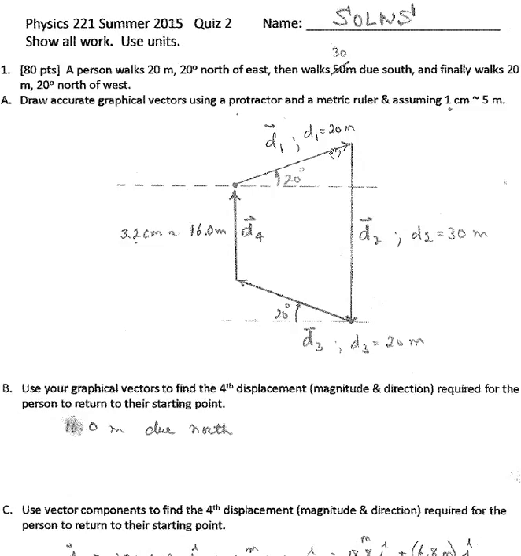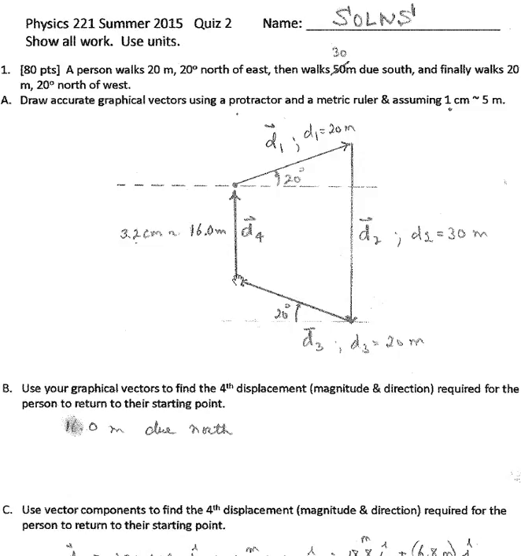And then 6 centimeters down this way, which equates to 30 meters, and that's due south, of course. And then 4 centimeters again, which equates to 20 meters, back 20 degrees north of west, as you see here.